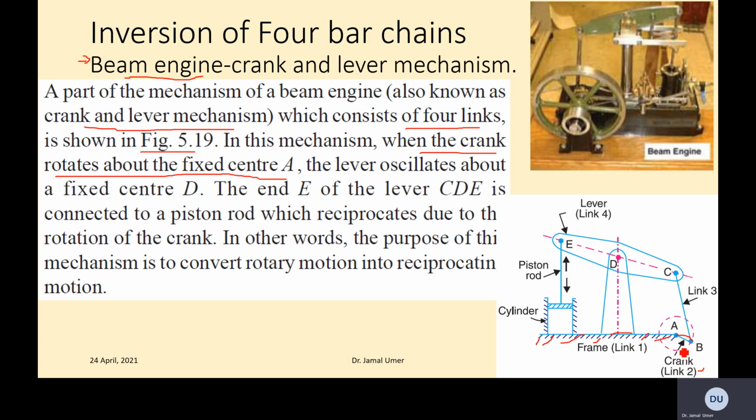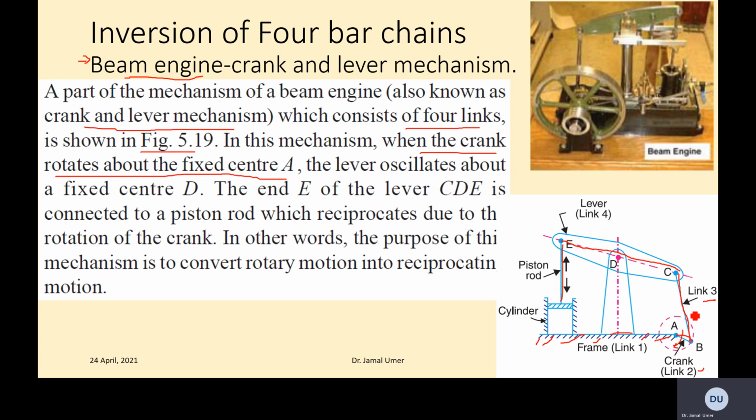The crank moves around this circle, making a circle basically, and is connected with link 3. This is further connected with link 4, which is CDE, and this E is connected through a piston rod to a piston.